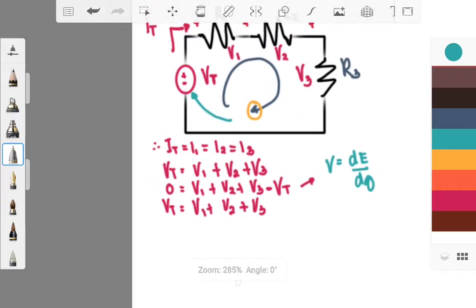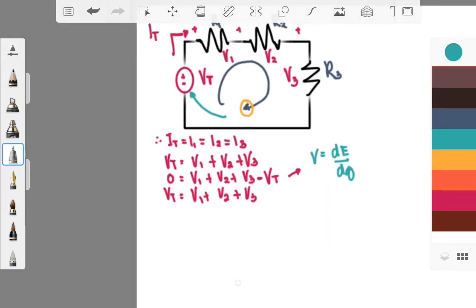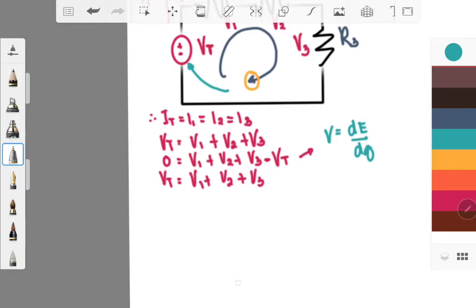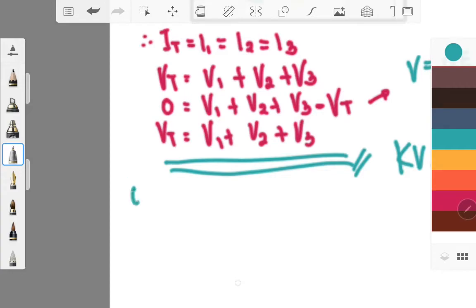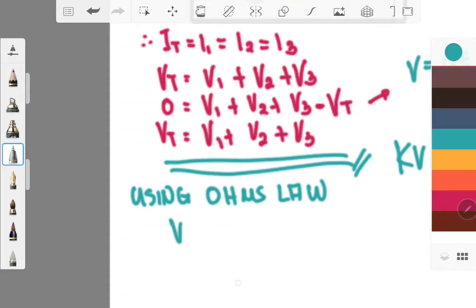Okay? So, this is your KVL. Then, using our Ohm's law, I know that your V is equal to your IR.